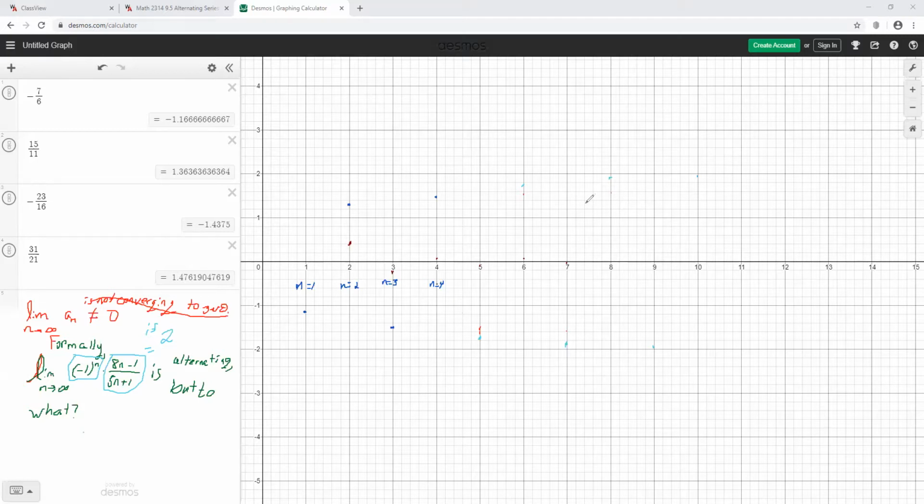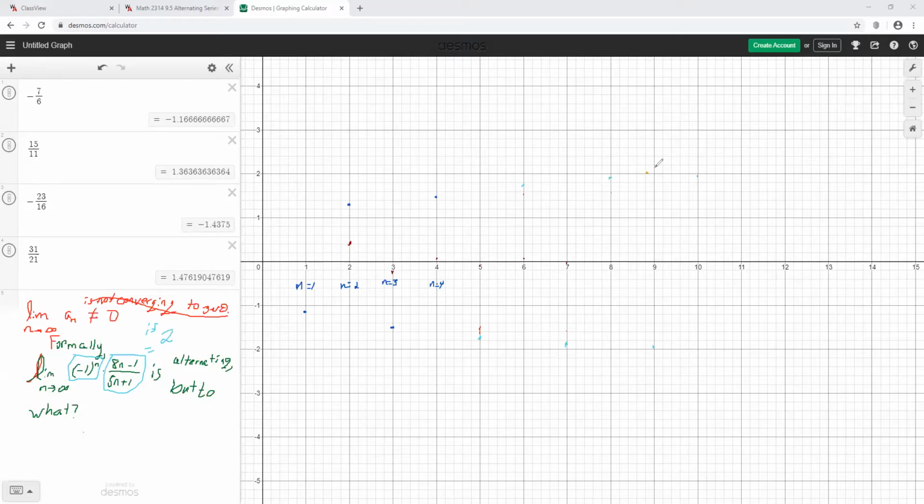Or what's the other type of diverging? If they don't get closer and closer to 2 and negative 2, well then they could just keep going larger past 2.